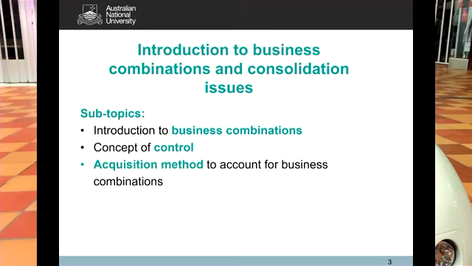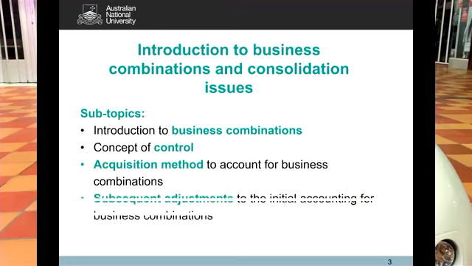Then once the business is combined, we will use some method to account for it, which is the acquisition method. Then we will discuss just briefly in this lecture the subsequent adjustment to the initial accounting for business combination, which will be discussed intensively in the following lectures in more detail.